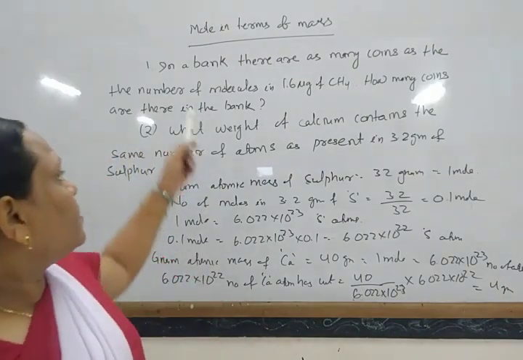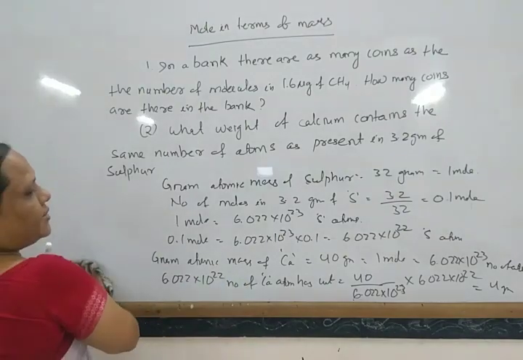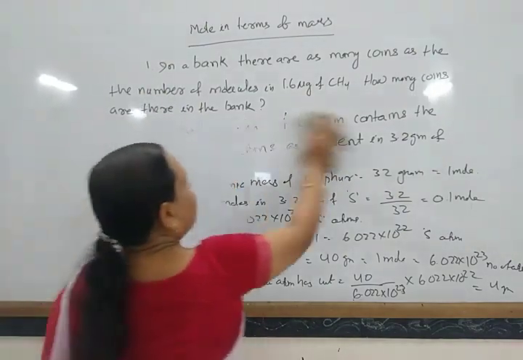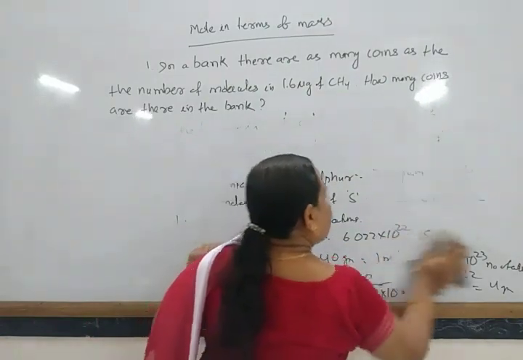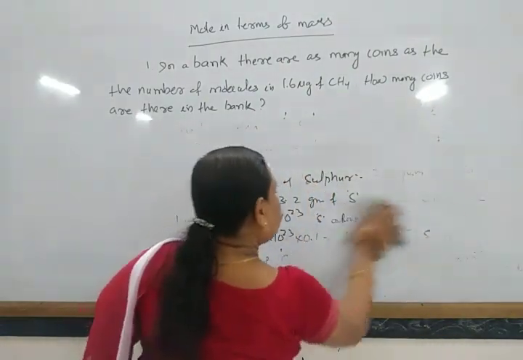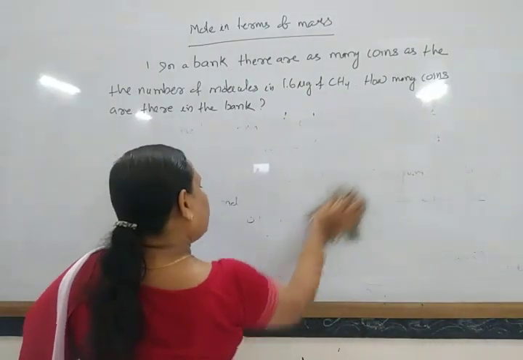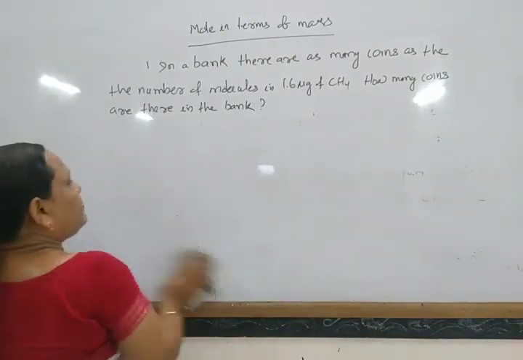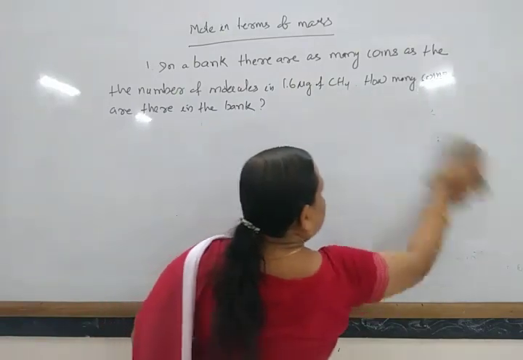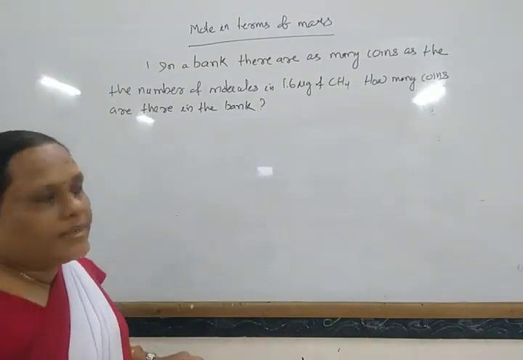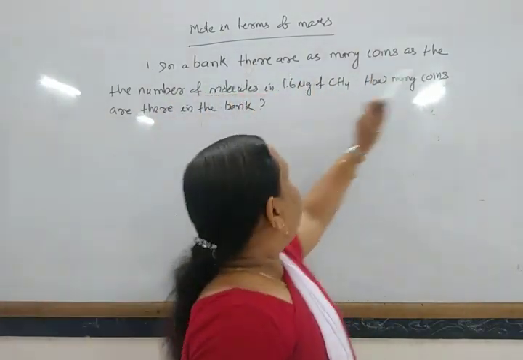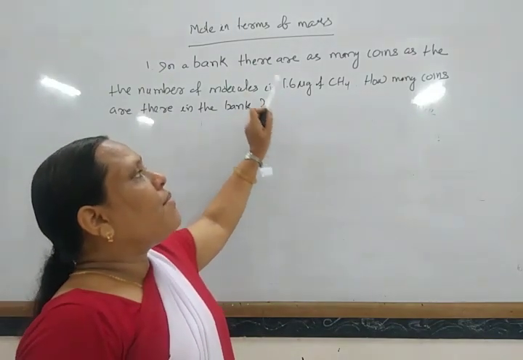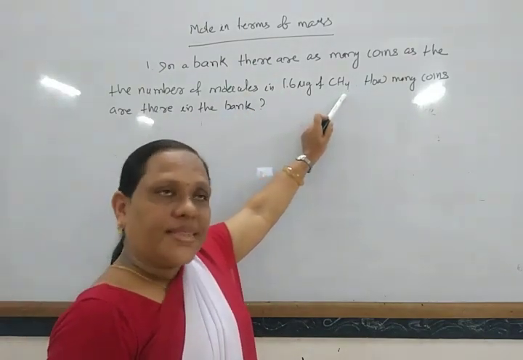Next, move to question number 1. In a bank, there are as many coins as the number of molecules in 1.6 microgram of methane.